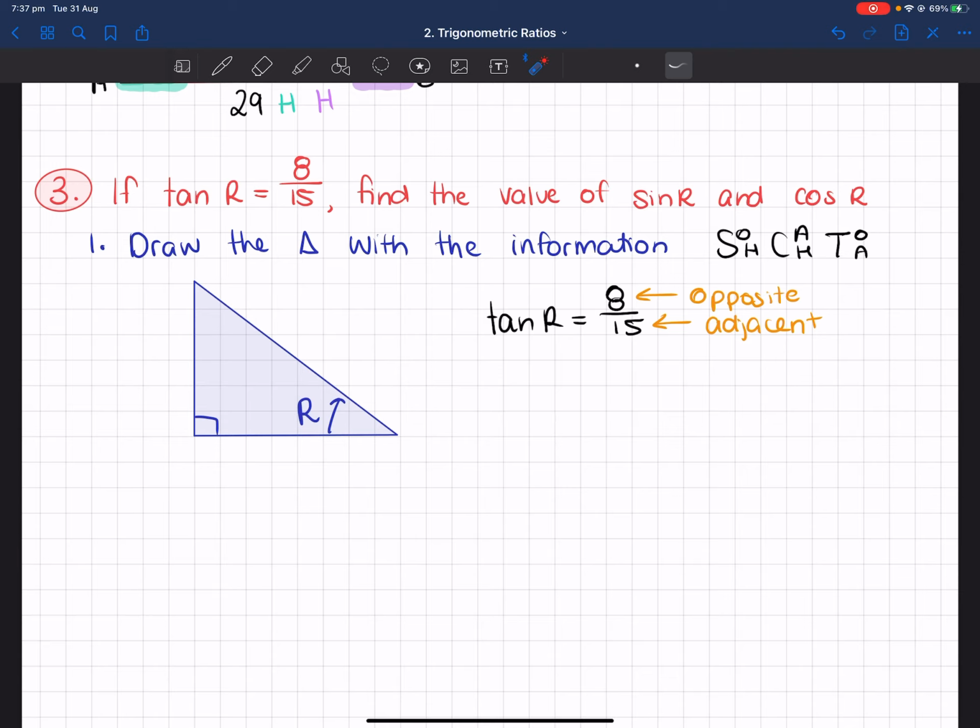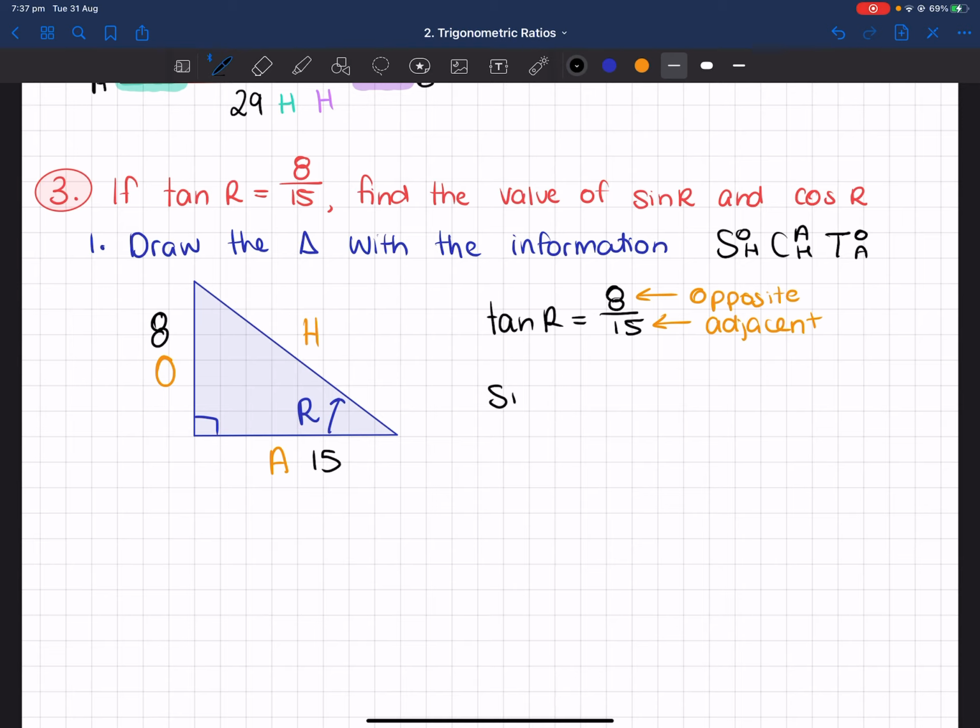This side's always going to be the hypotenuse because it's opposite the right angle, so let's label that with H. This side is our opposite side, so that's O. And this side is our adjacent side, and that's A. So we can replace these with their actual lengths. The opposite is 8 and the adjacent is 15.